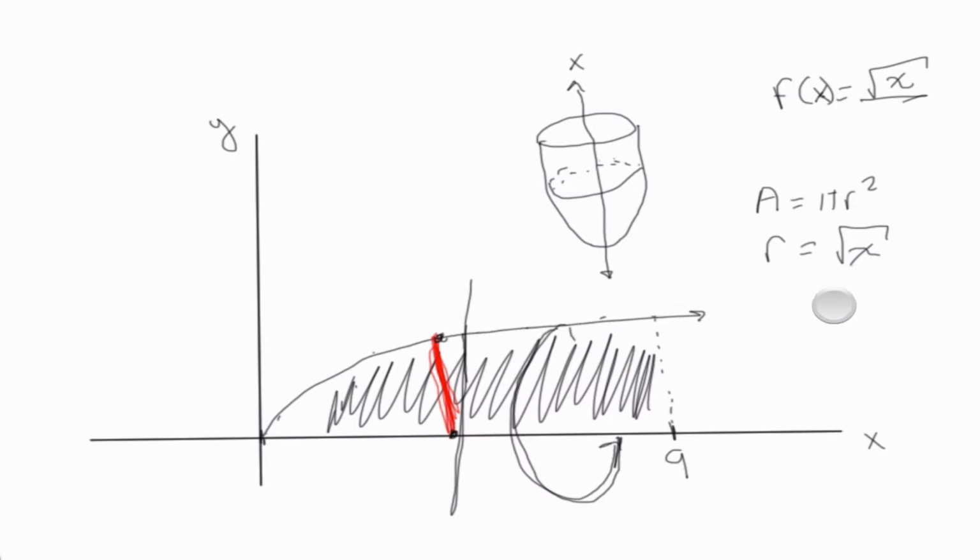So what am I going to do here? To set this up, I'm going to integrate from 0 to 9. And I don't just want to integrate one piece of the area. I want to integrate all of these slices. So I'm going to go from 0 to 9, and all of those slices are going to be pi r squared dx to get the area. All I'm going to do is substitute that square root of x into r.